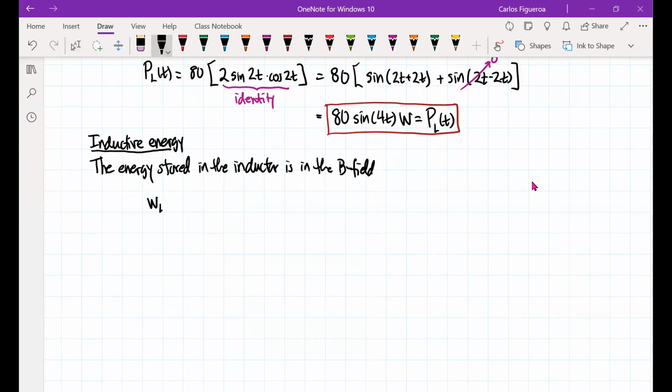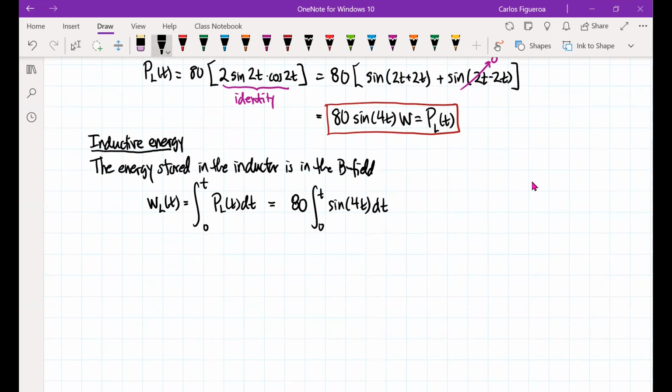This is how we define the energy: as the integral of the power of the inductor with respect to time. So if I plug this in here, you're going to see that I'm going to have 80 from 0 to t of sin 4t dt.